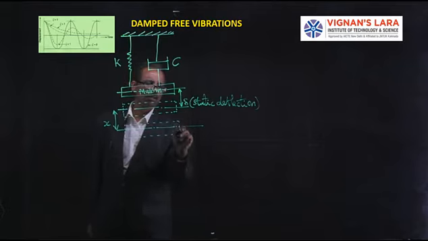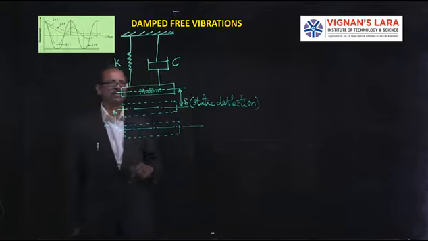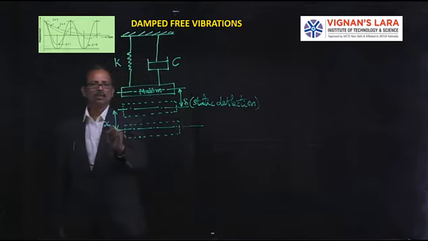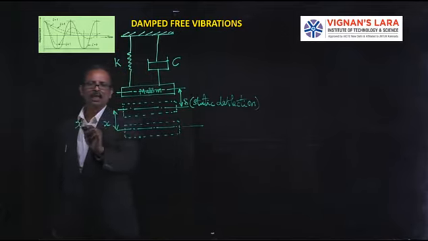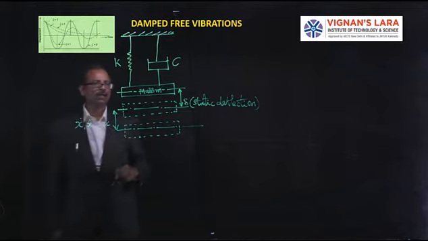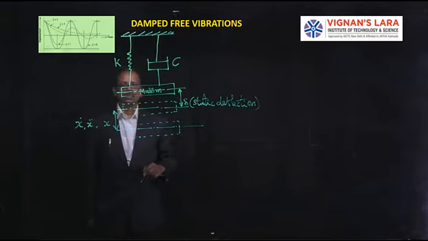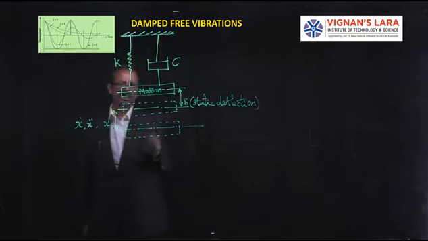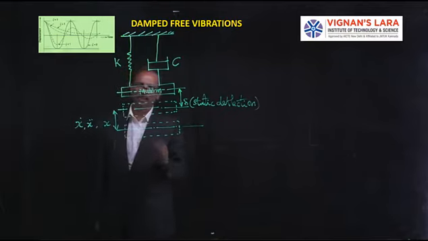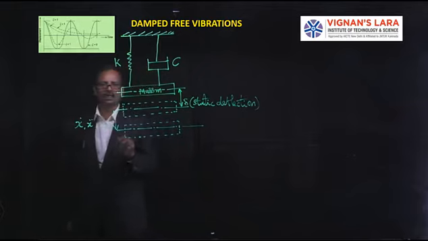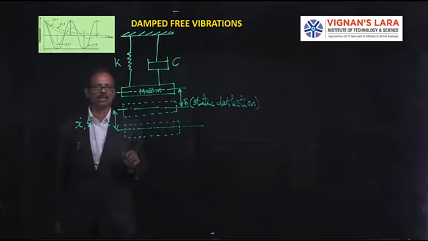By giving a displacement of x to the center of the mass, the velocity and acceleration are also provided to the mass. So this is the displacement given in a downward direction. Of course, it continuously vibrates from the mean position, going up and down. At an instant, let us give a displacement in the downward direction.